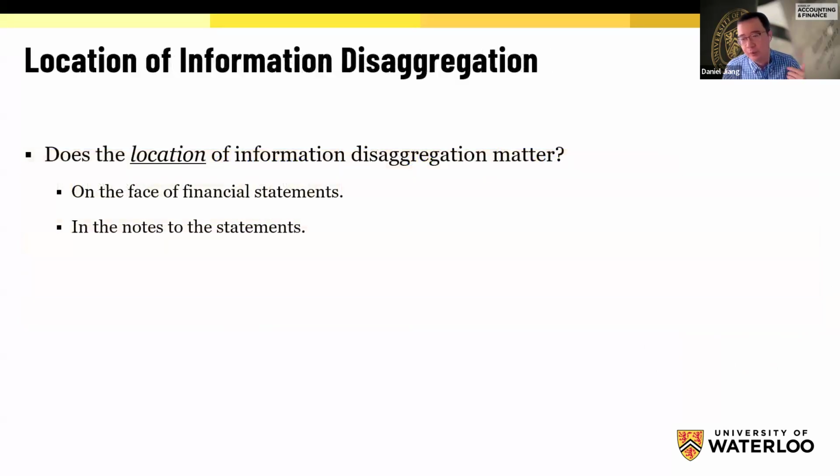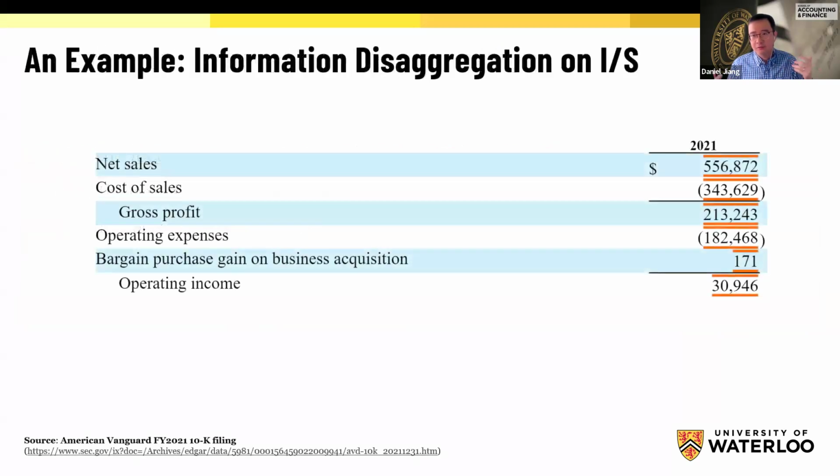So next, we want to examine whether the location of the information disaggregation matters. Firms not only can exercise discretion to provide granular information on the 10K filings, it is also up to them to choose where to provide that granular information. So this is another example.